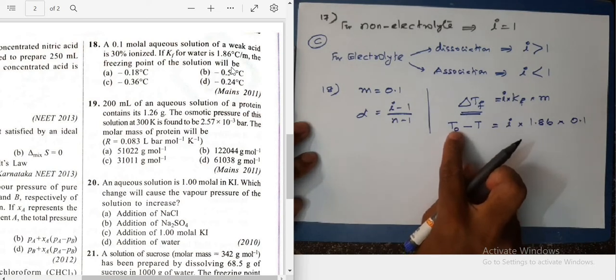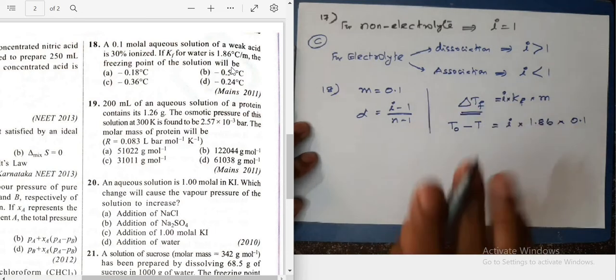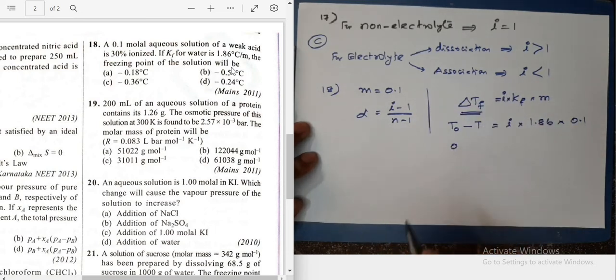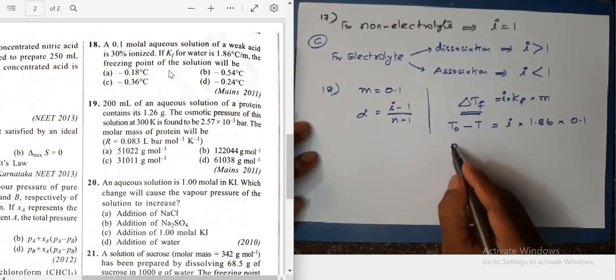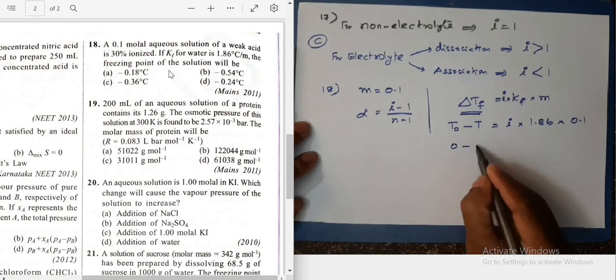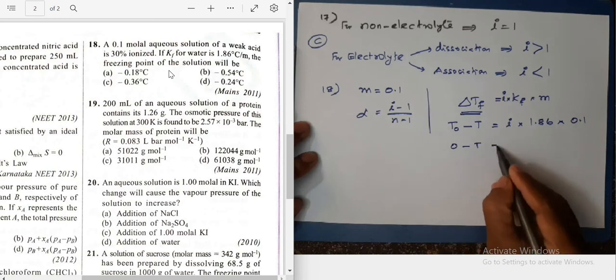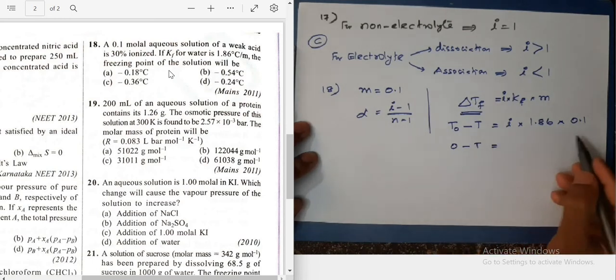Let us take the freezing point of pure water as 0 degrees Celsius. You can also write in Kelvin, but in all the options the values are given as negative values, so you can write the freezing point of water in Celsius itself. So 0 minus freezing point of solution equals i into 1.86 into 0.1.